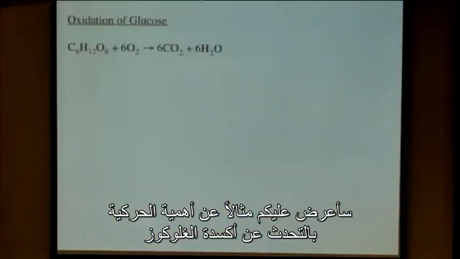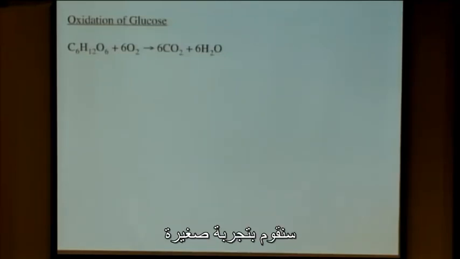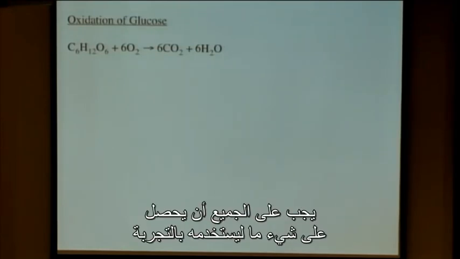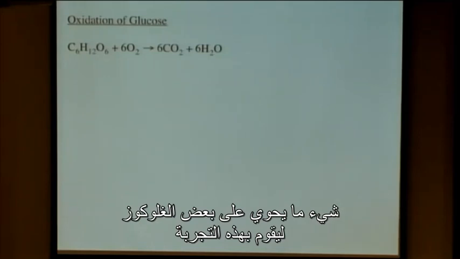So I'm going to give an example of why kinetics are important, talking about the oxidation of glucose. We're going to do a little experiment, and I'm going to ask the TAs to help me. Everyone needs to have something to do an experiment with, something that might have some glucose in it.